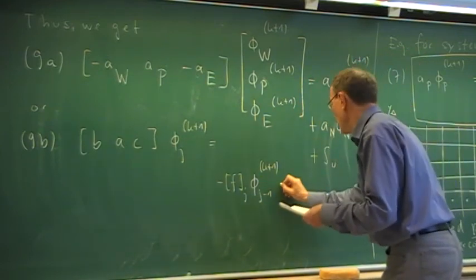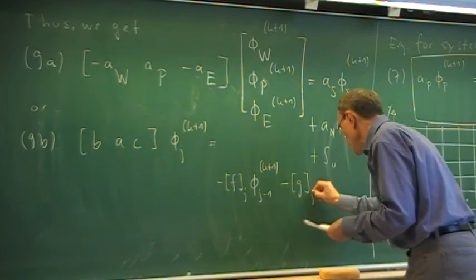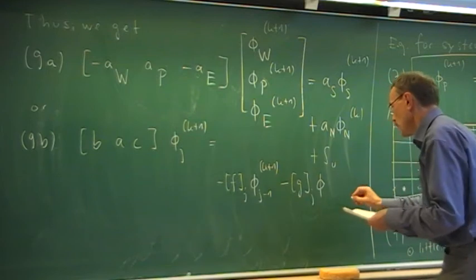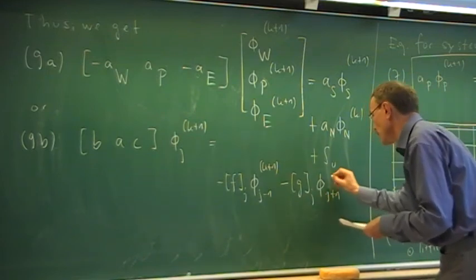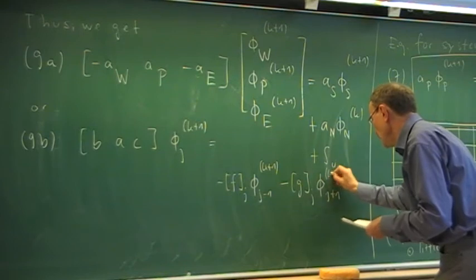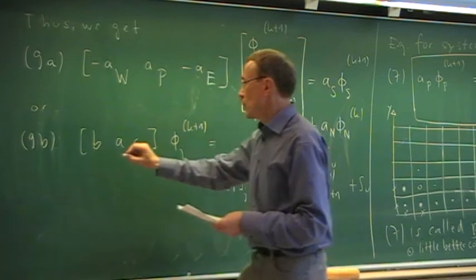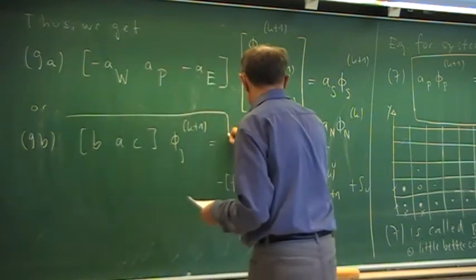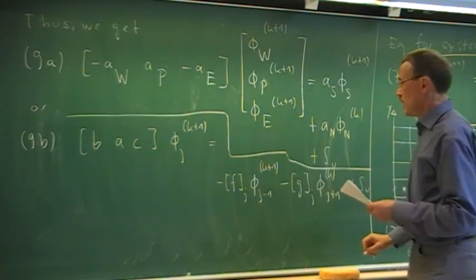And we have then the minus, that is coming from the northern contributions, and that is then taking the j plus 1, and that is at the old iteration, plus the SU. So this is the form that we have here.